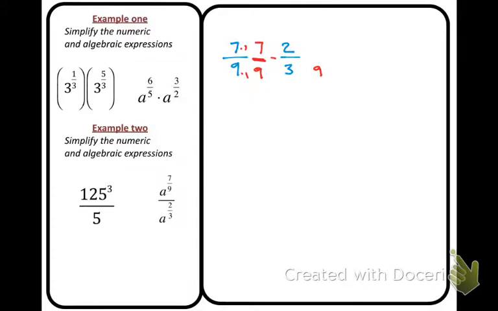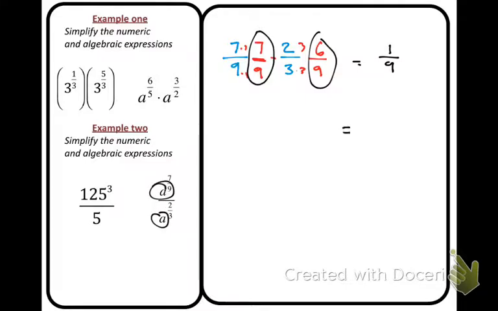The 2/3 on the right side, we multiplied by 3 on the bottom, so we multiply by 3 at the top. That's 6/9. So now 7/9 minus 6/9 is 1/9. Remember that our base was a, so our final answer is a to the 1/9 power.